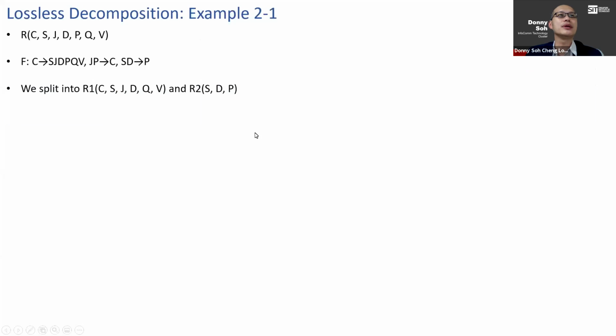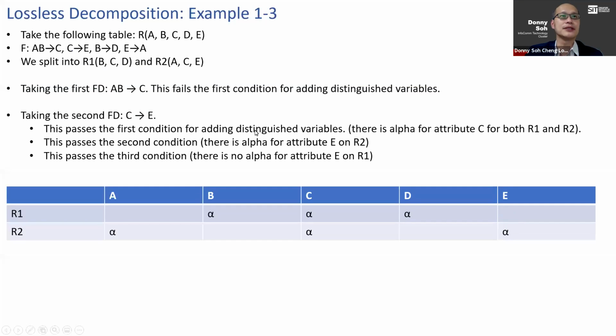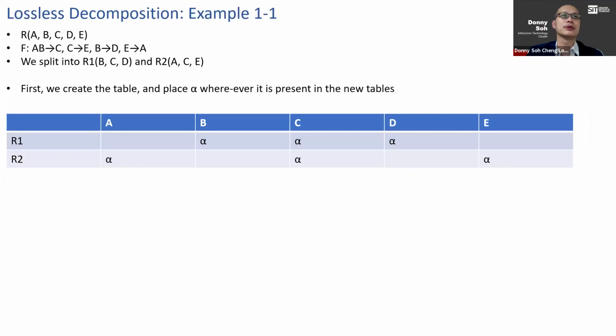So I went through the first example. I think maybe I just go through this one first. We first have the original table. We say we split into table R1 and table R2. And we create a table.